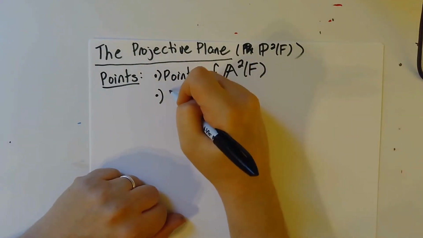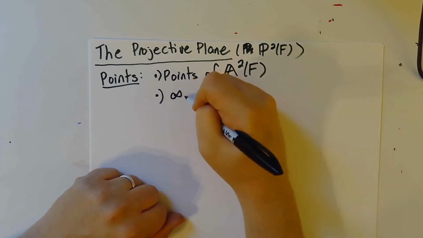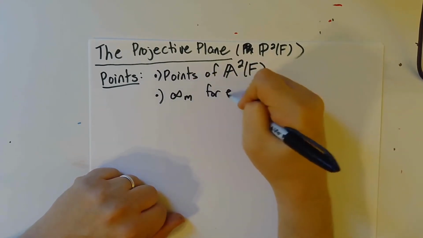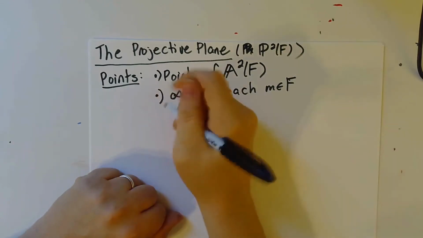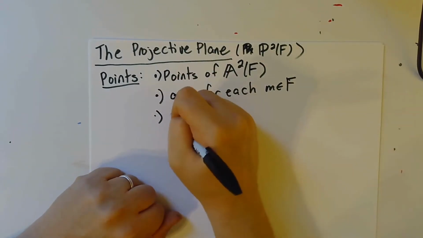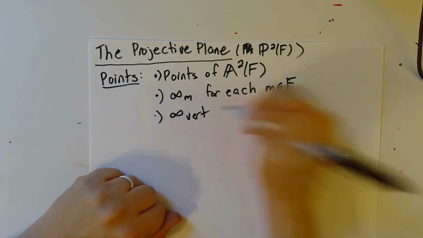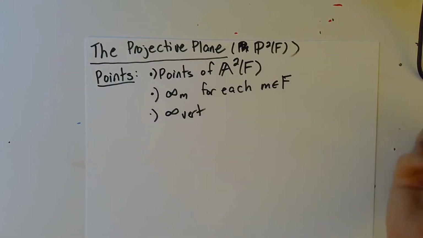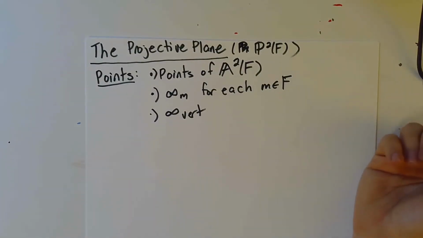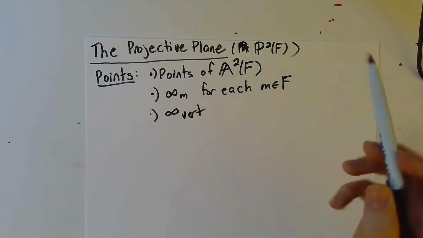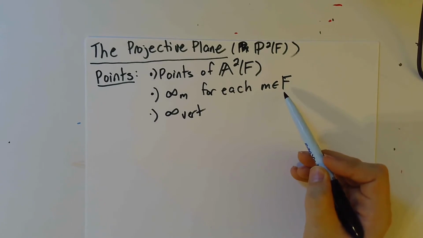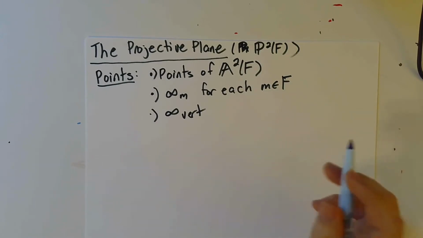We're going to add in infinity sub m for each m in F. And then we're going to add in infinity sub vert. So if F is finite, how many points are there? Well, there's size of F squared points here, there's size of F points here, and there's 1 point here.